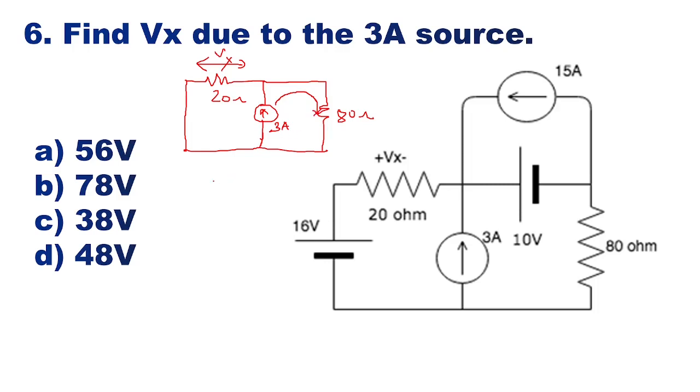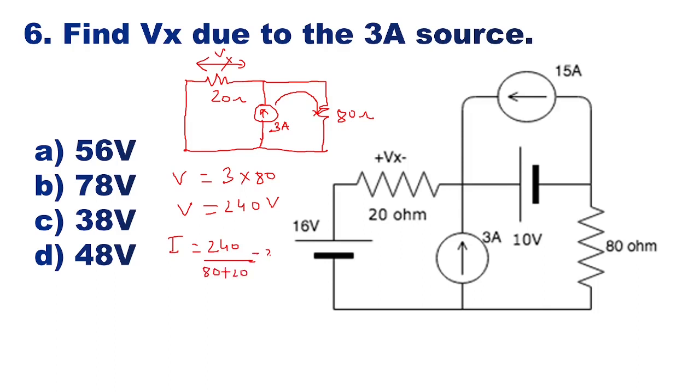So the voltage across 80 ohm resistor will be 3 into 80, which is nothing but 240 volt. Okay, so this is the voltage. Now that voltage upon both the resistances will give you the current. So the current will be 240 voltage upon both the resistances. If you add them, 80 plus 20, this will be current.